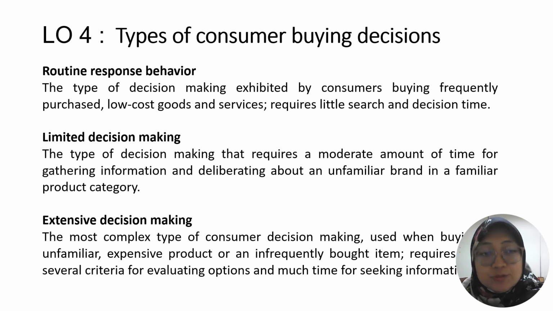Basically, goods and services are categorized under these 3 buying decisions based on 5 factors: level of customer involvement in terms of time, in terms of cost, information search, and number of alternatives, which refers to the products or services available.